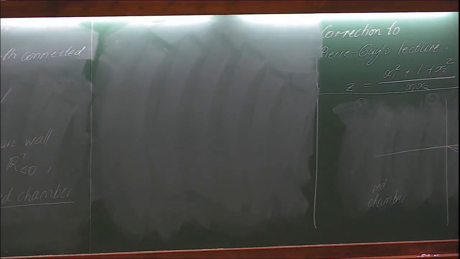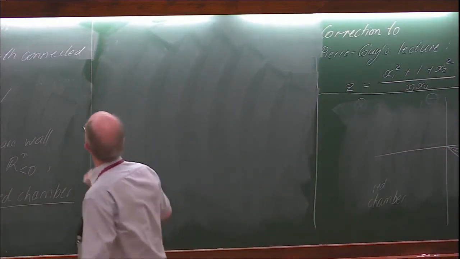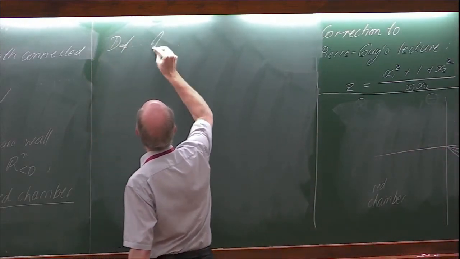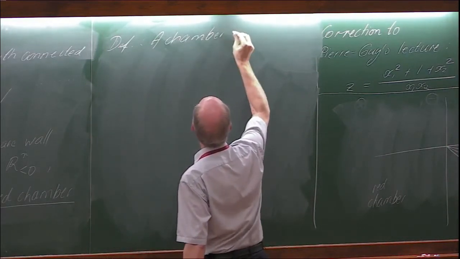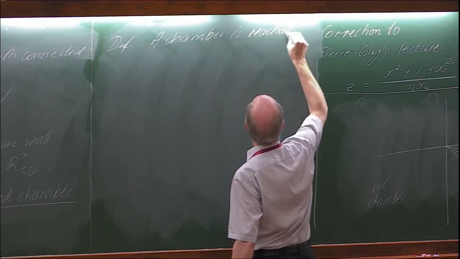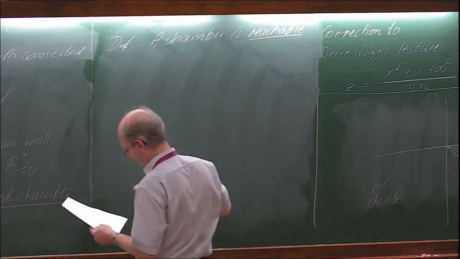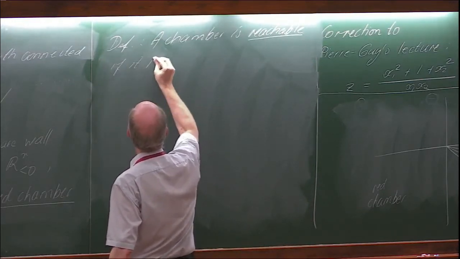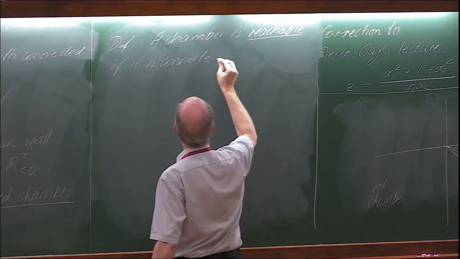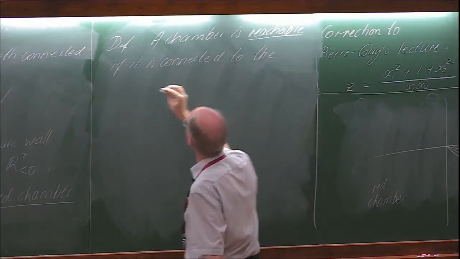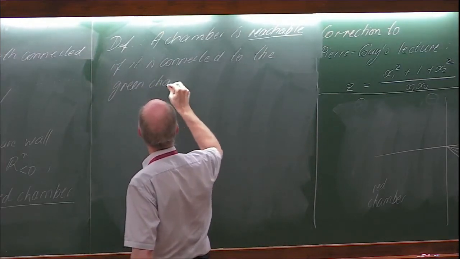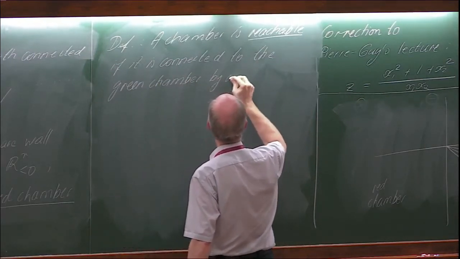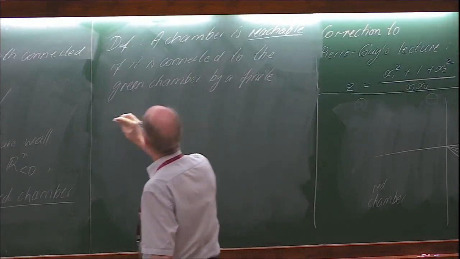And we say that a chamber is reachable if there is a finite transverse path from the green chamber to this reachable chamber, that is, it is connected to the green chamber by a finite transverse path.